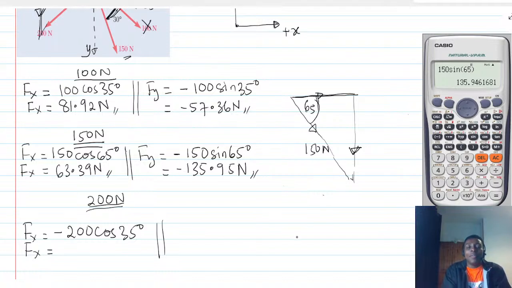So then Fx is what? So let's punch it. So 200 cosine 35. And what is that?